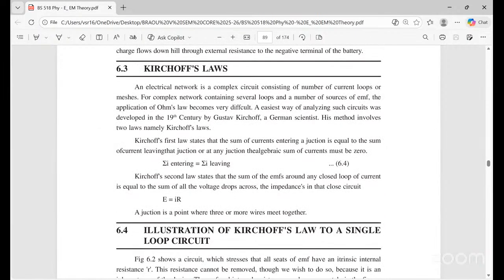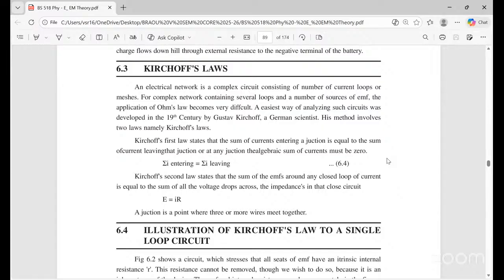Next, Kirchhoff's laws, most important. In Kirchhoff's laws, an electrical circuit is complex because it may contain sources, generators, resistors, capacitors, inductors, everything.